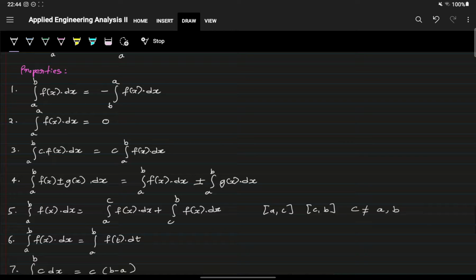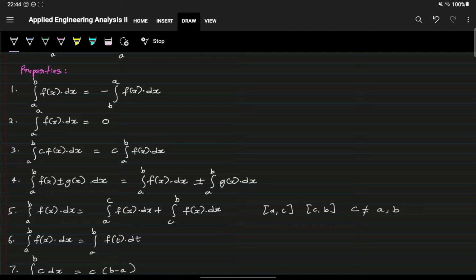So whenever we are given a function, when we interchange the limits of the definite integral from a and b, we have to use a negative, and the function would be the same thing. The only things that change are the limits and the negative sign. And when the limits are both the same, the value would be 0.